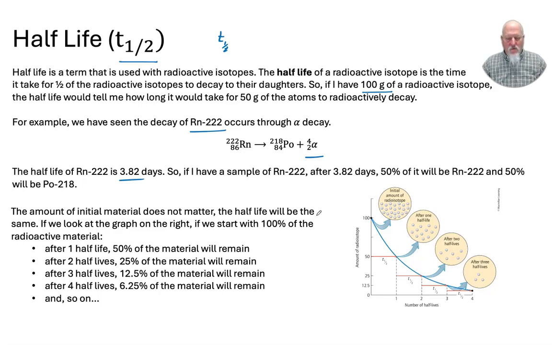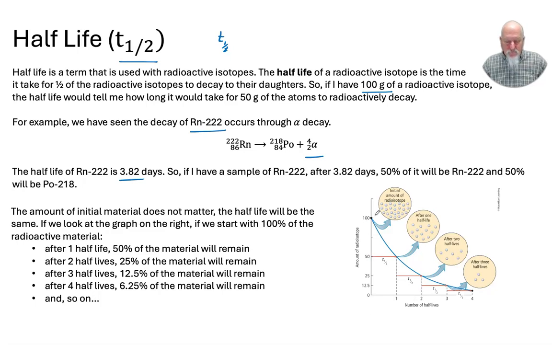There's a little chart here that's dealing with half-life. On the vertical axis, we have the amount of the radioisotope that we have at any given time, and along the x-axis, or the horizontal axis, we have the number of half-lives.